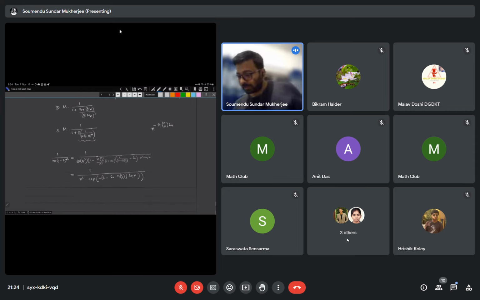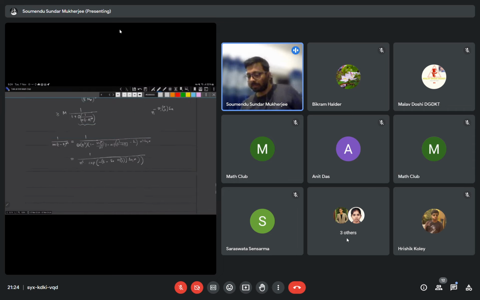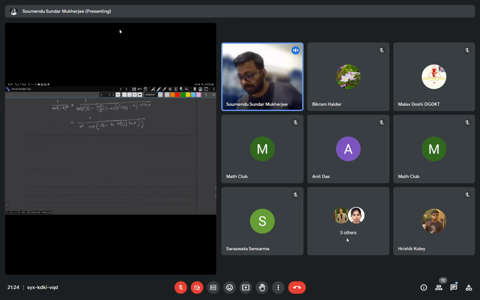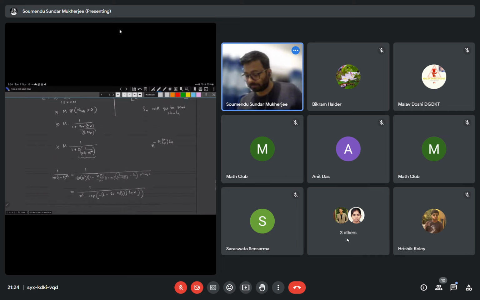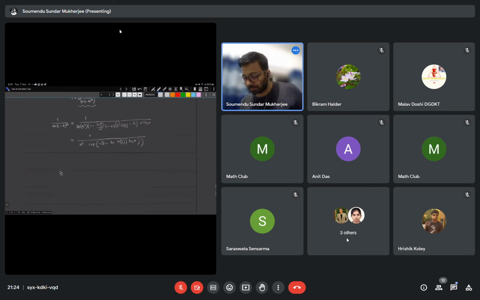Very good. So let us plug everything together. So we get this object from here. Expectation of t is at least m times 1 minus this probability.